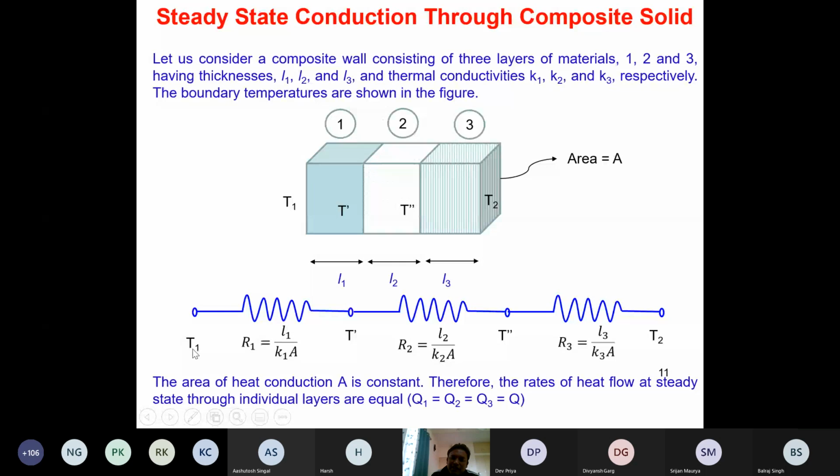On the left hand side there is T1, on the right hand side there is T2, and there are three resistances in series. R1 is L1 divided by K1A, R2 is L2 divided by K2A, and R3 is L3 divided by K3A. Okay, so the total resistance in this case is R1 plus R2 plus R3.